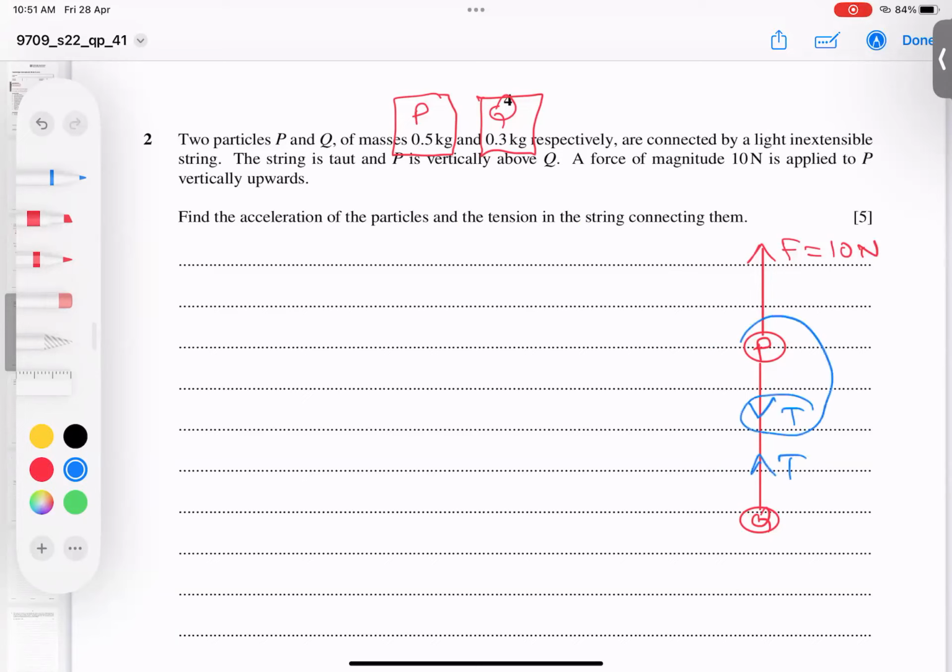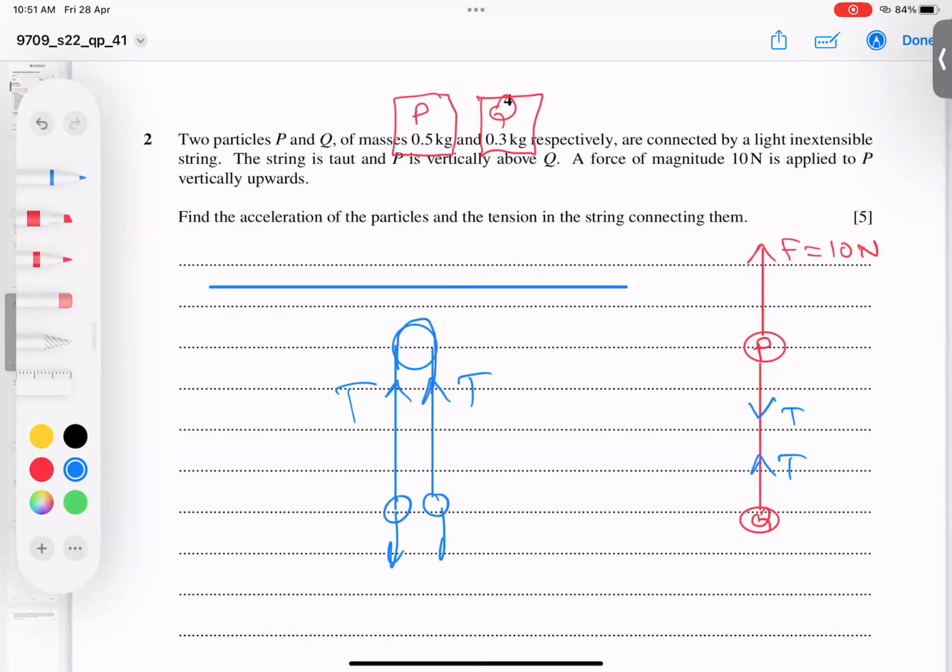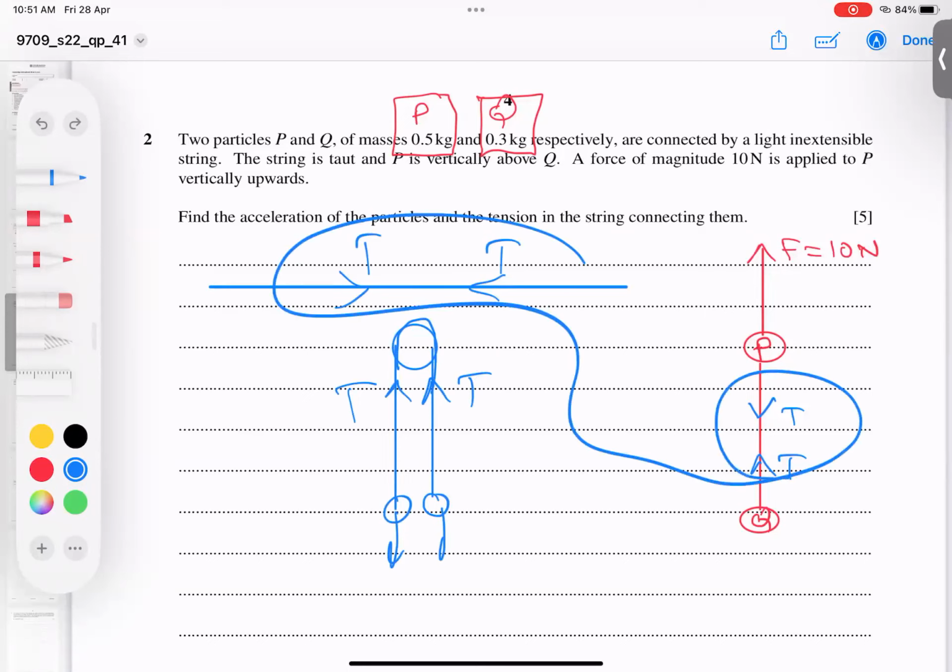This tension acts on P and this tension acts on Q. If you remember, in a pulley question, one string passes here, one string passes here, with two particles, so there is a weight and tension towards the pulley. If you remove the pulley from the middle and attach the string, see, it will look like this, and the tensions are going towards each other. Same story, tensions are going to each other.